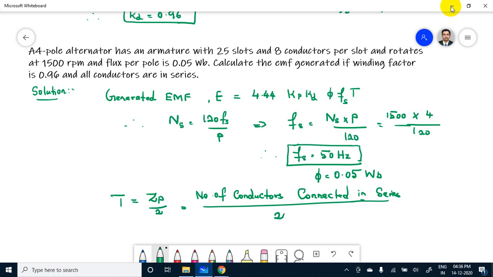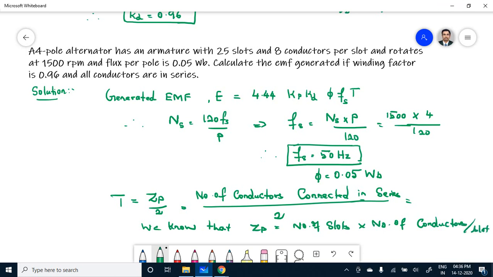Okay, so how many number of conductors are there? It is number of conductors connected in series means Zp is equal to, take down, Zp is equal to number of slots into number of conductors per slot.